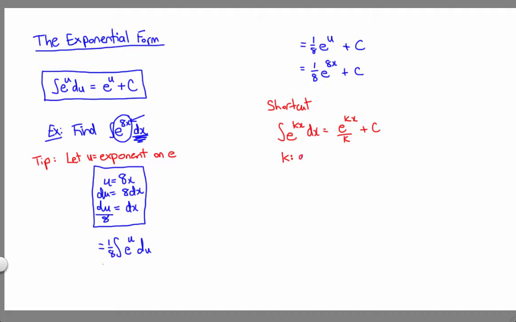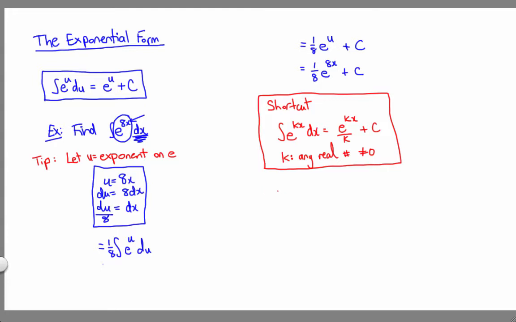So k in this context can be any constant, any real number other than 0. So as long as you're putting a numerical value other than 0 in here, like k value 2, k value -4, k value -pi, or something like that, the shortcut would apply. So let's put a box around that, and I'll show you a couple of quick examples of the shortcut.